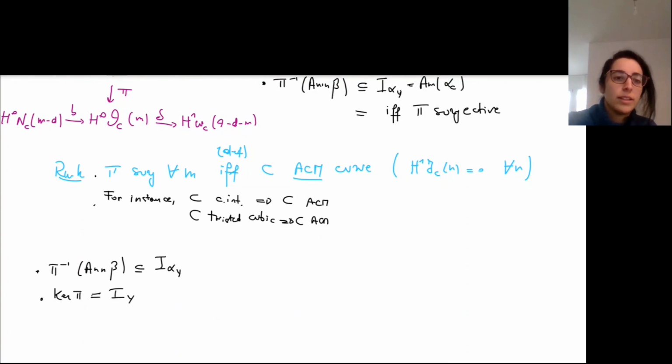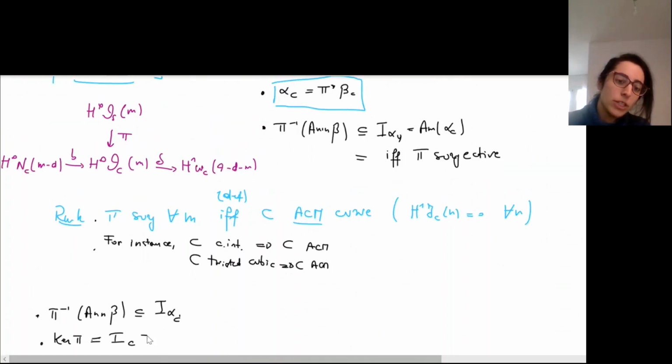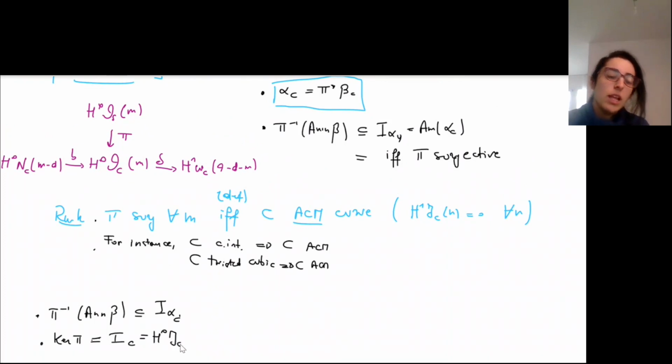Why? I still write why. This is C, the homogeneous ideal. So the H0 of the ideal, the homogeneous ideal, is clearly the kernel degree by degree; still here we are graded. Okay, it's the kernel of pi.